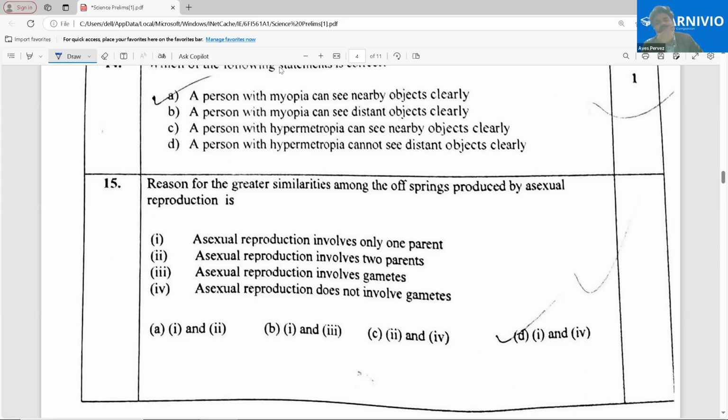Jana, can you answer me this question number 50? Why if there is only one parent then it will be more similar? The offspring in the asexual method of reproduction are more similar, almost an exact copy of their parents. Why? Because it doesn't involve the characteristics of both parents, only one single parent.